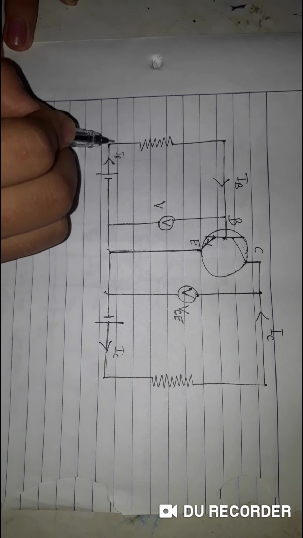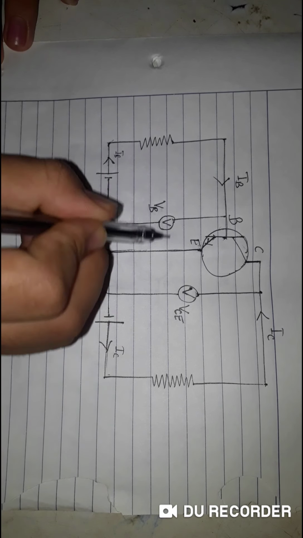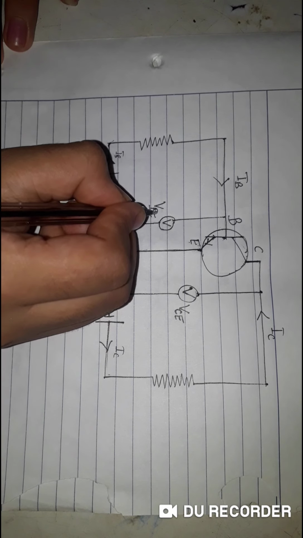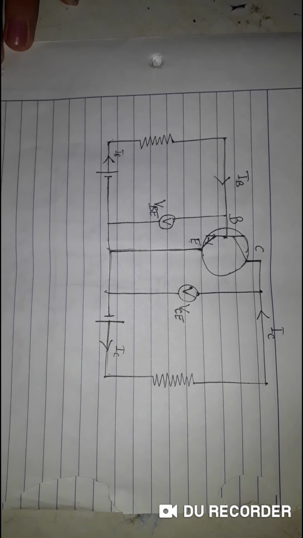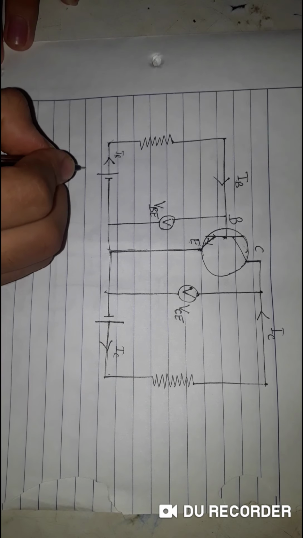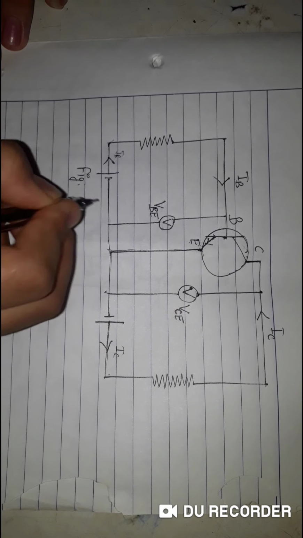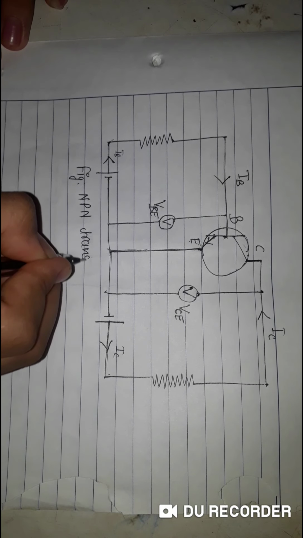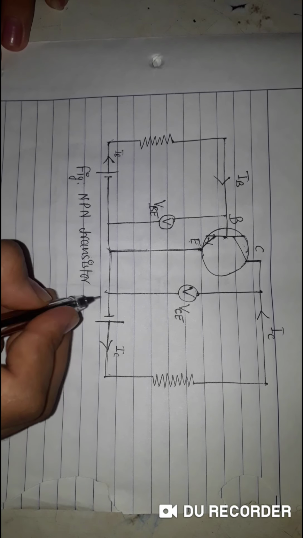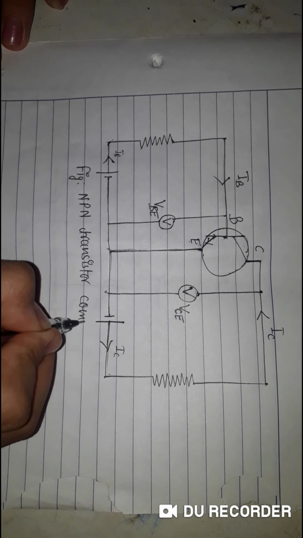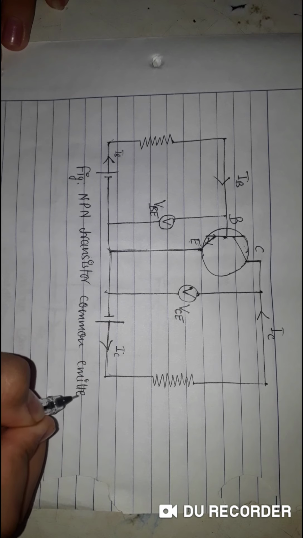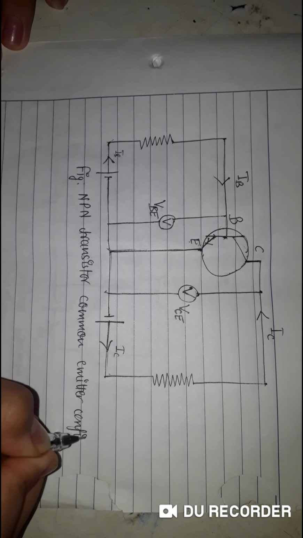Here the positive terminal is connected to the base, so I'll write B at first, and then the negative is connected to the emitter, so I'll write VBE over here. So this is the figure of an NPN transistor, and this is the common emitter configuration.